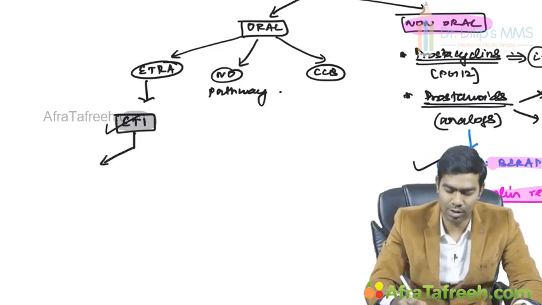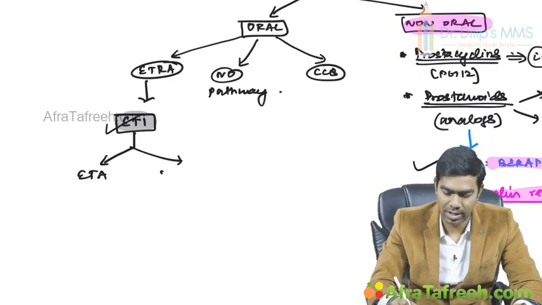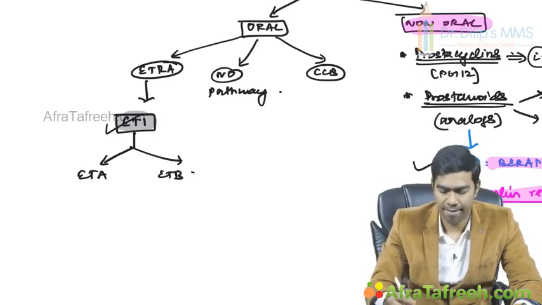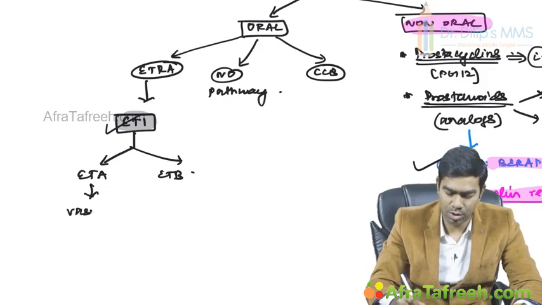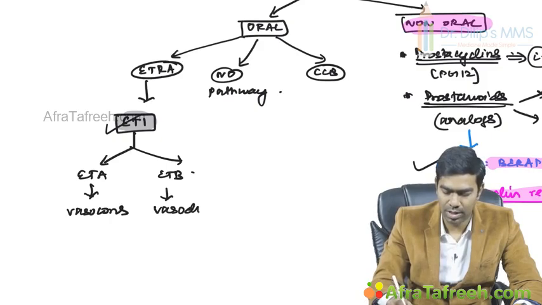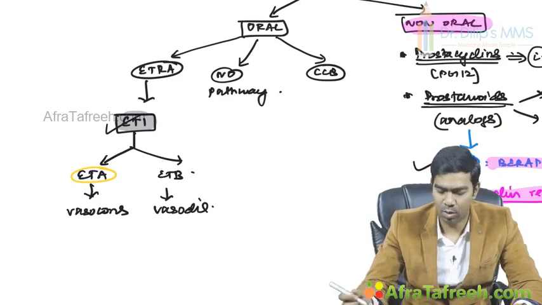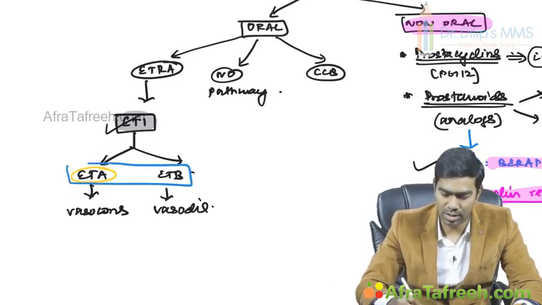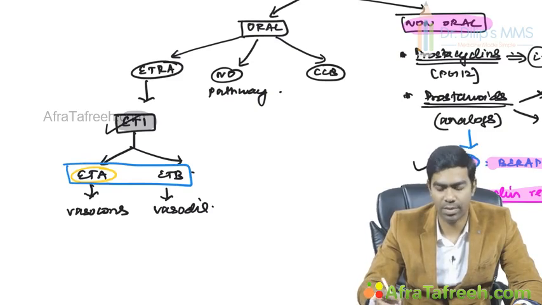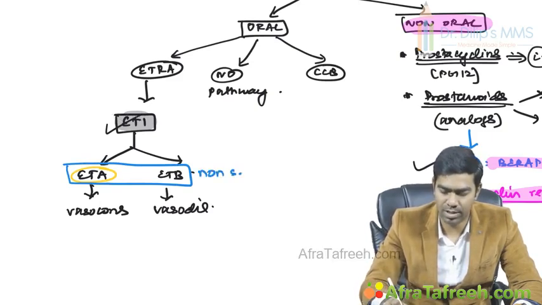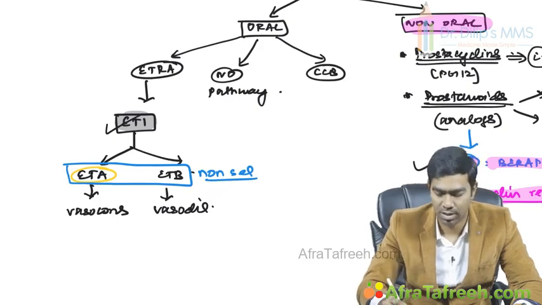So endothelin 1 is going to act on two receptors: endothelin receptor A and endothelin receptor B. Endothelin receptor A is supposed to cause vasoconstriction, whereas endothelin receptor B is supposed to cause vasodilation. Which means we need to target endothelin A only. But initially the drugs we found targeted both endothelin A and endothelin B in a non-selective fashion, which means these are non-selective endothelin receptor inhibitors.